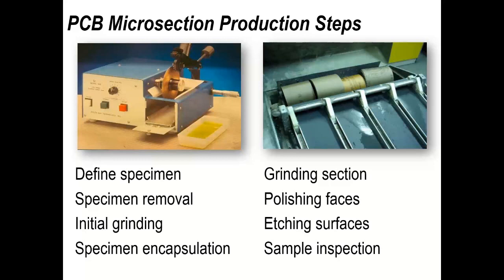So the next step obviously is encapsulation, and there are different materials that you can use to encapsulate your sample. What you're actually doing is locking the sample in, you're preventing anything moving, you're allowing the edges to be supported during the grinding operation. So again, you're minimizing the surface damage that might occur around the sample you're trying to look at.